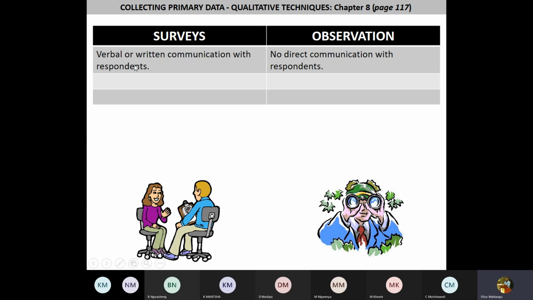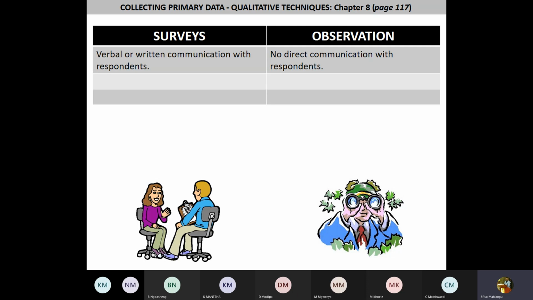The first characteristic regarding surveys is that there is verbal or written communication. If you open on page 131, you will see where they define what a survey is.